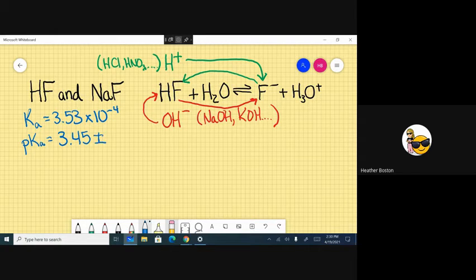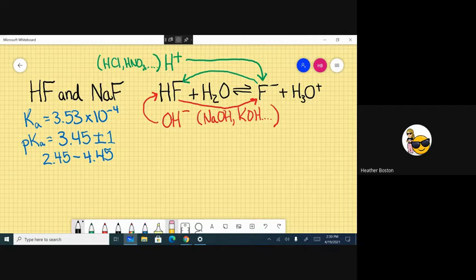So the range is 3.45 plus or minus 1. That means that this buffer system will protect pHs in the range of 2.45 to 4.45. That's how acidic buffer solutions work.